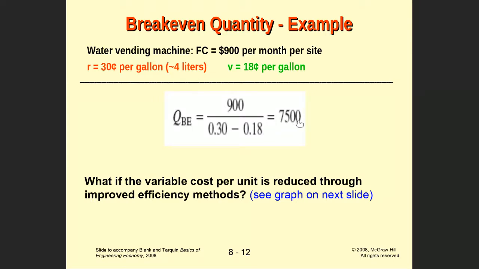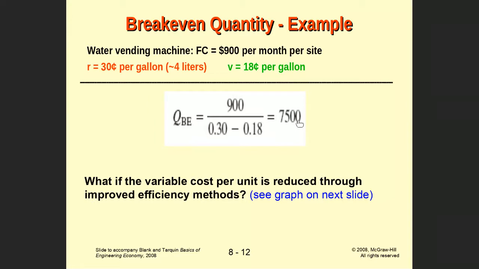7,500. So the quantity of the break-even, where the cost and the revenue are equal to each other for this vending machine, is to sell 7,500 bottles of water per month. And if you are selling more than 7,500, that means you are having profit.